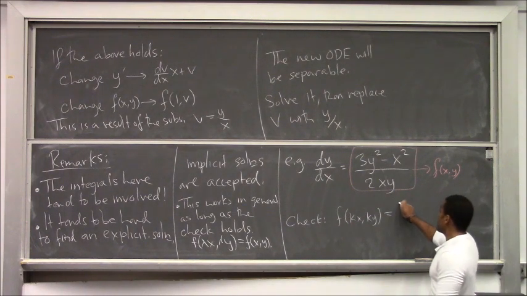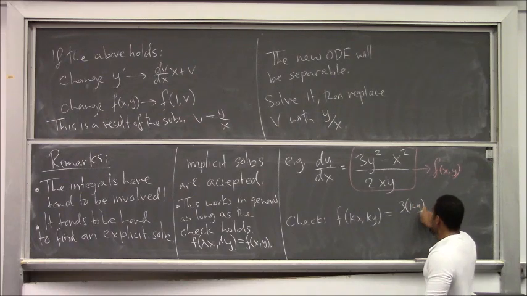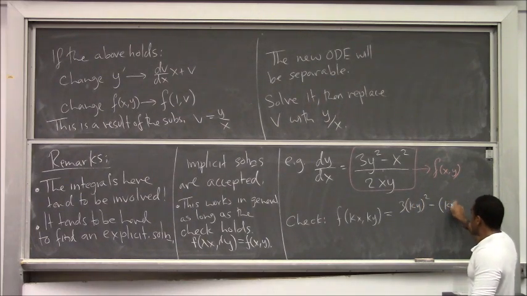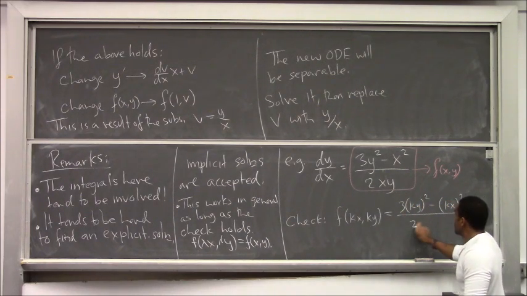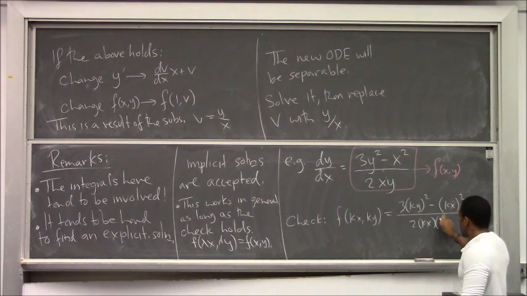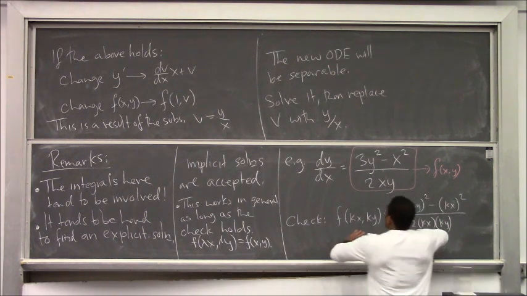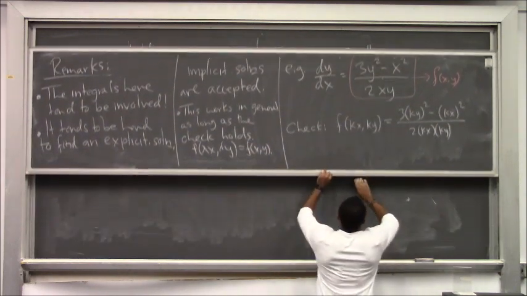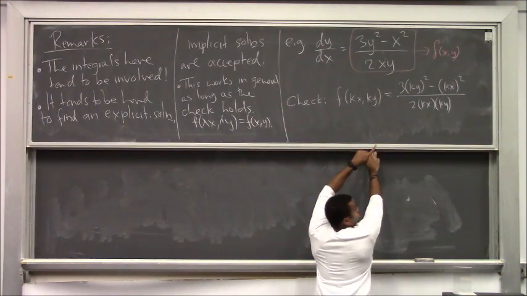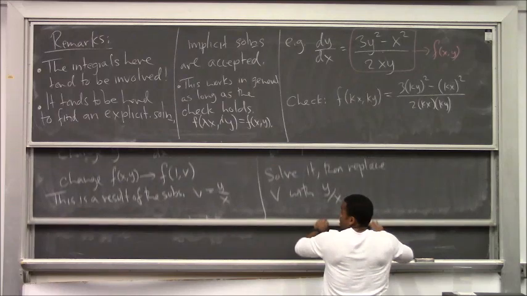What's going to happen is I'm going to plug in 3ky squared minus kx squared over 2kx times ky. What you're going to notice now is that in the top, k squared is common, and I'd be able to factor it out.